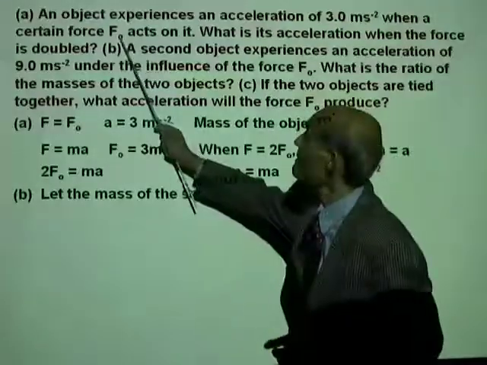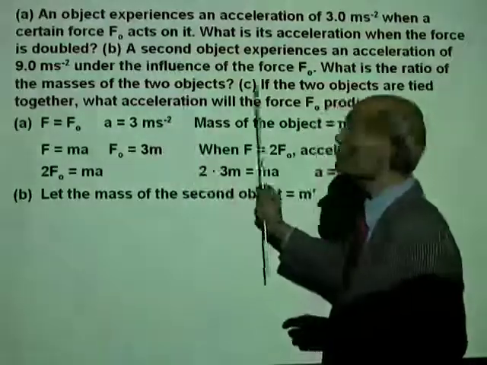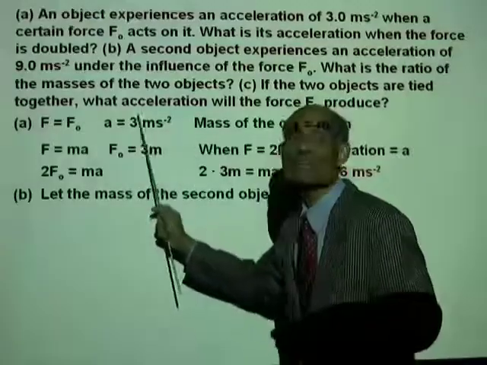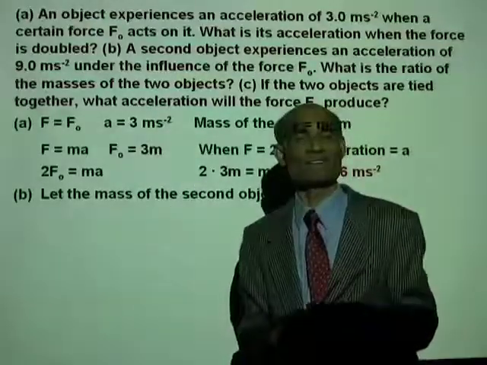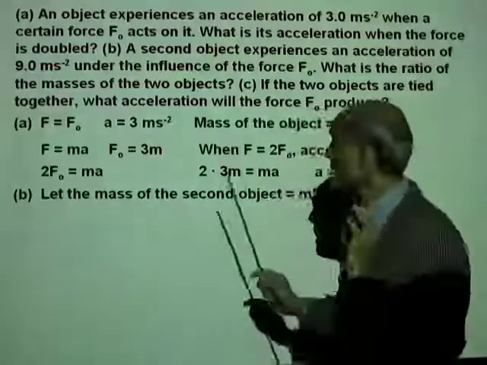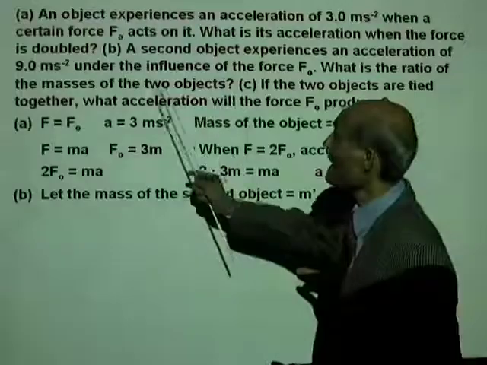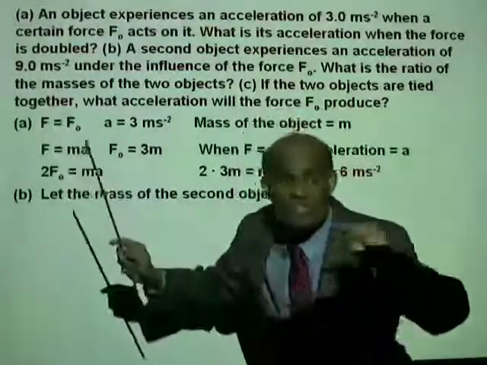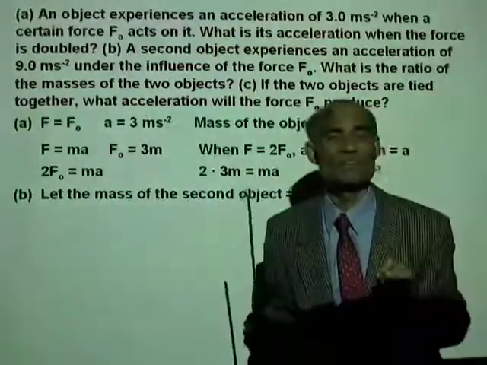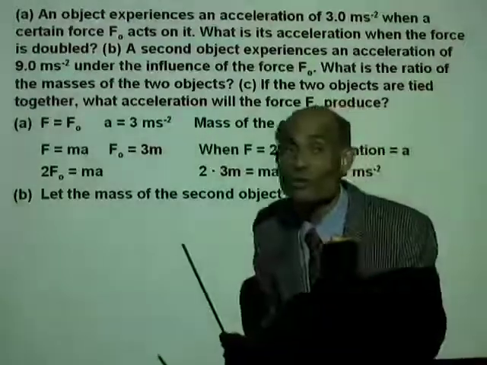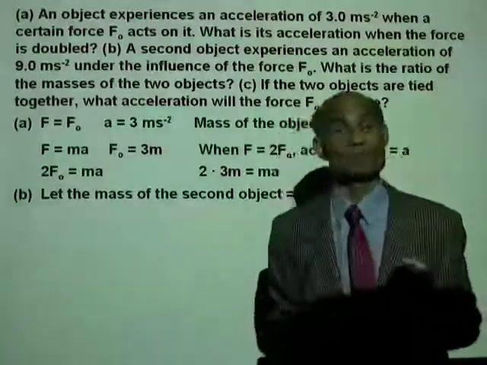The force F0 acting on the first mass produced an acceleration 3 meters per second squared. The same force acting on a different mass produces what kind of acceleration? 3 times the acceleration. So tell me, is this m prime smaller or bigger than m?